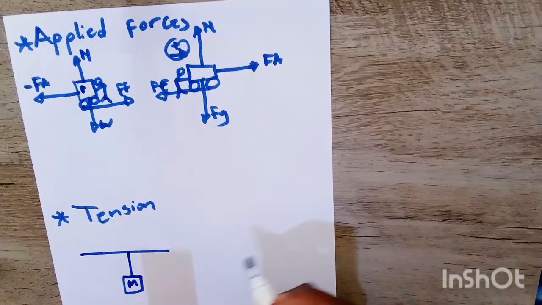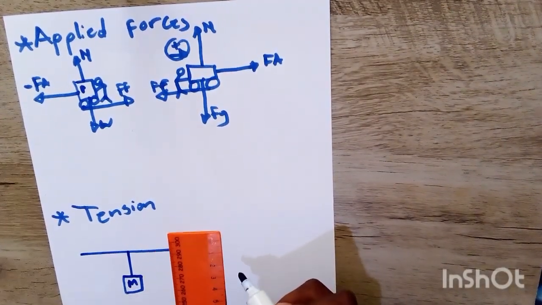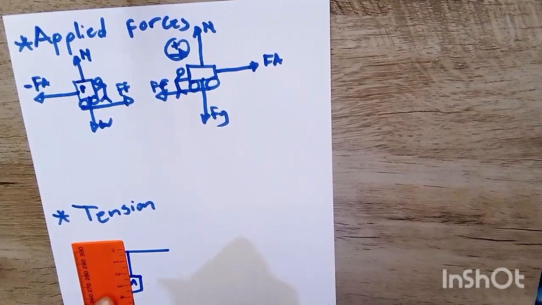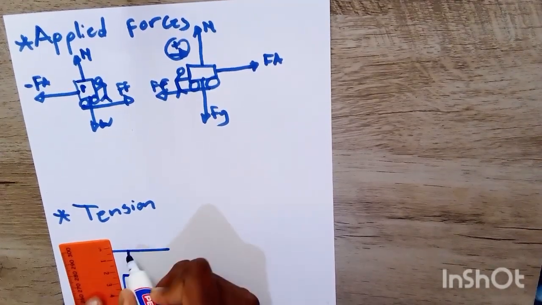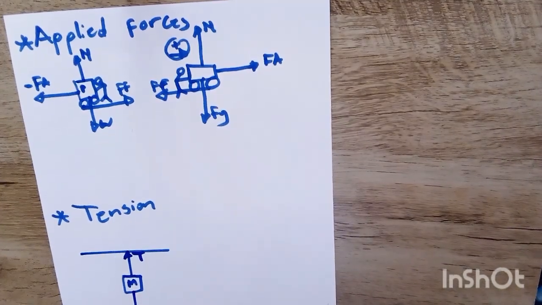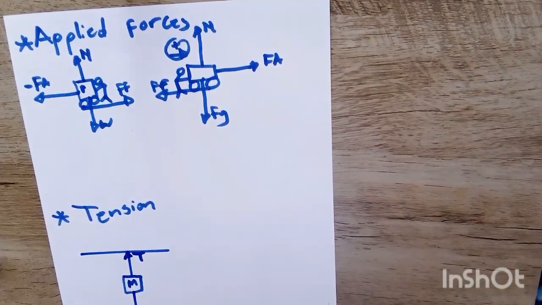When we move to drawing free body diagrams, I'm going to explain a lot more about this, because you guys are going to be needing it. Now our weight is going to act downwards, our tension is going to act upwards.